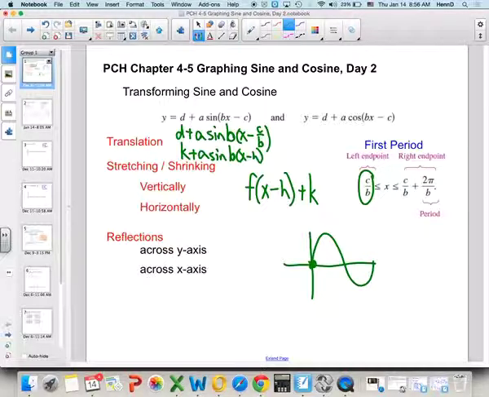K plus a times the sine of b times x minus h, and h would then be that horizontal shift, okay? But h is the same thing as c over b.